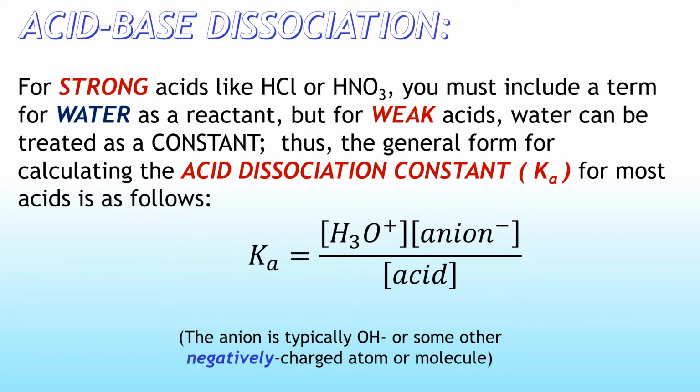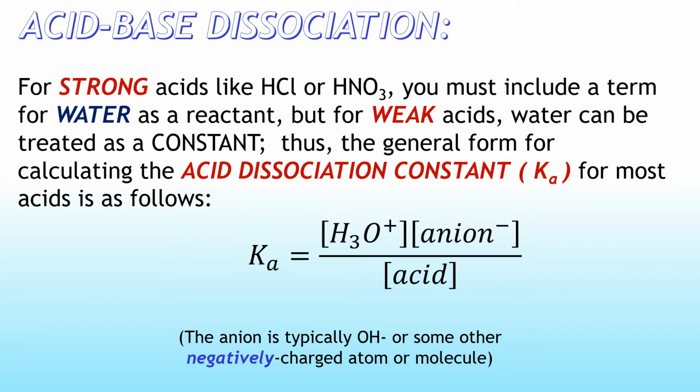Now, for strong acids like hydrochloric acid or nitric acid, you have to include a term for water as the reactant. But as you see, we just use its dissociation constant. But if we've got weak acids, well, then we can treat the water as a constant. And so we can actually make that equation even simpler. When we're talking about weak acids, the general form for the acid dissociation constant is we're going to have the concentration of hydronium multiplied by the concentration of some negatively charged ion.